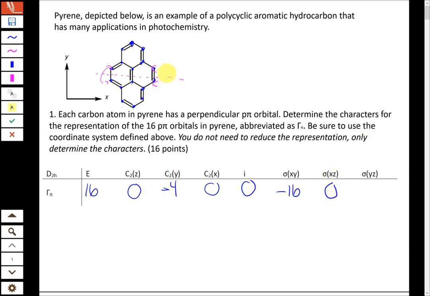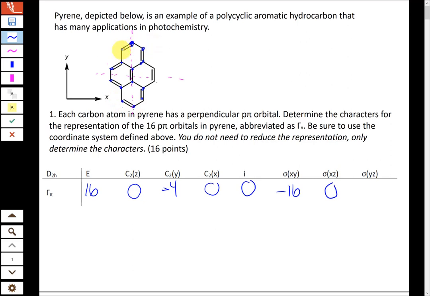And then finally for the YZ plane, similar to what we saw with the y-axis rotation, we have a mirror plane that goes through like this and cuts the molecule in half vertically. So you do have 4 pi orbitals that are right in that plane.